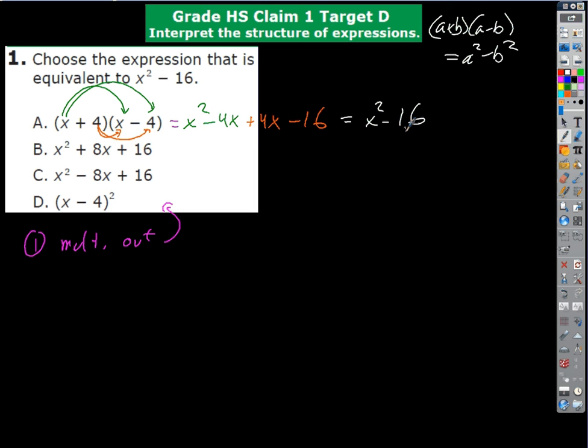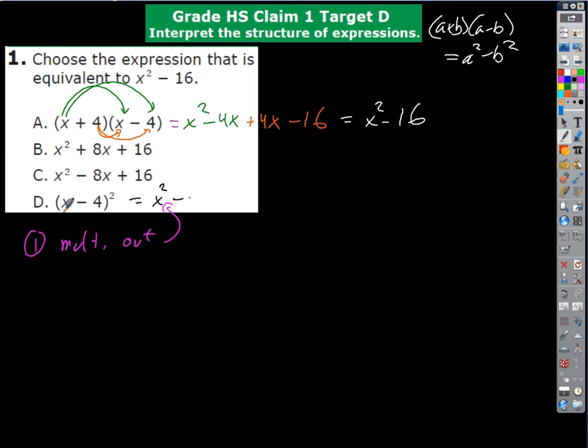We could do the same thing down here. x minus 4 times x minus 4. We could either use our pattern, or we could just distribute. I don't care. The pattern's quicker, but either way. And we get something different there. What does our pattern tell us for that one? If we have a minus b squared, that's a squared minus what? 2ab, good.